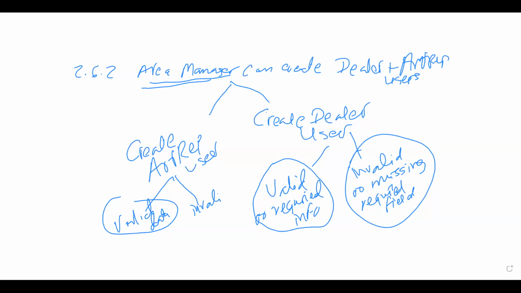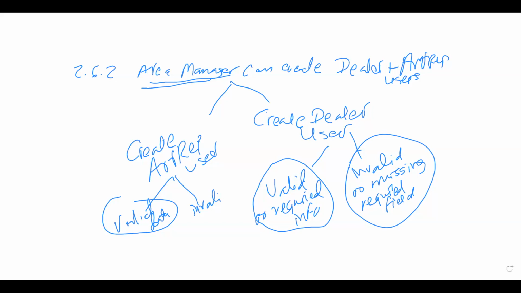The other scenario, on the right-hand side of that branch, is where he has put invalid data. So let's say I needed a username, first name, last name, and dealer information in order to successfully create Arfloan users.